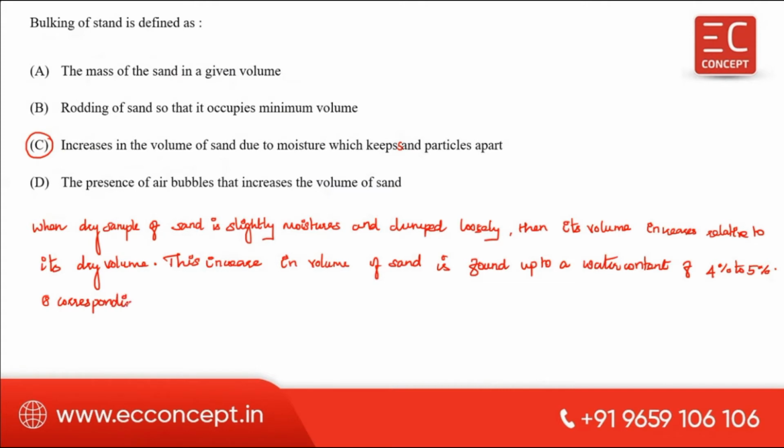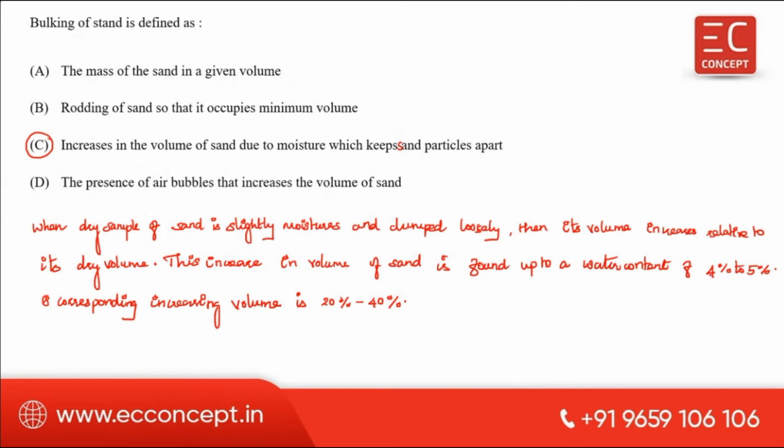And the corresponding increase in volume is 20% to 40%. See, in a dry sample, if you add water by an amount of 4% to 5%, then an increase in volume is found, that is 20% to 40%.